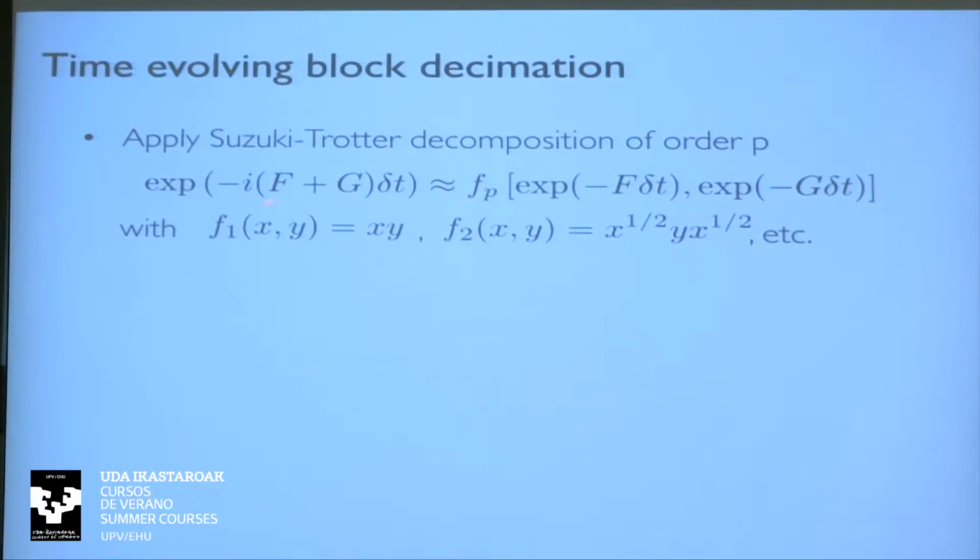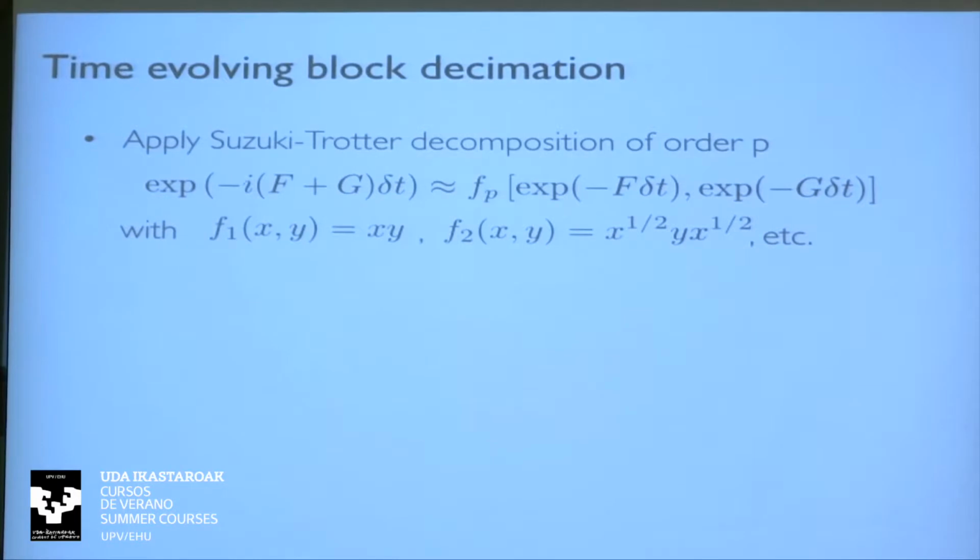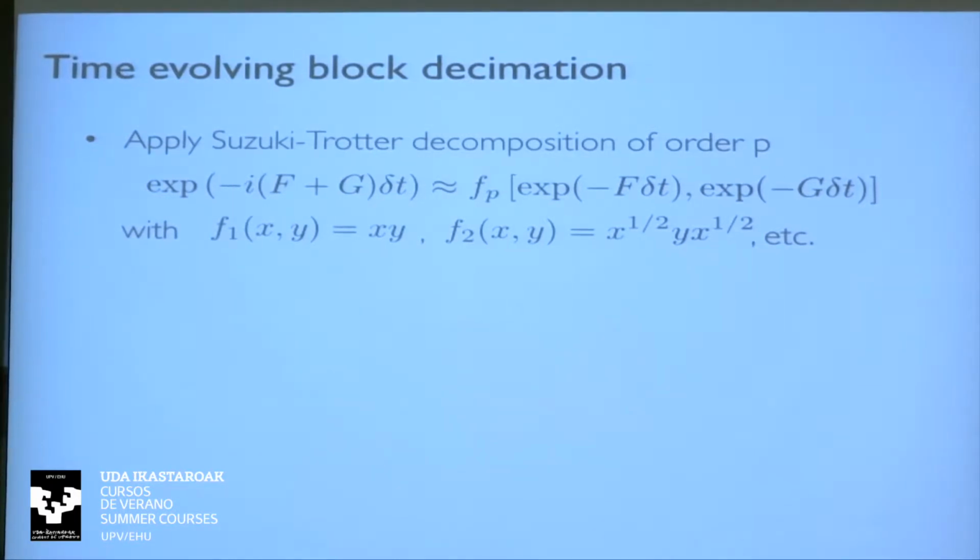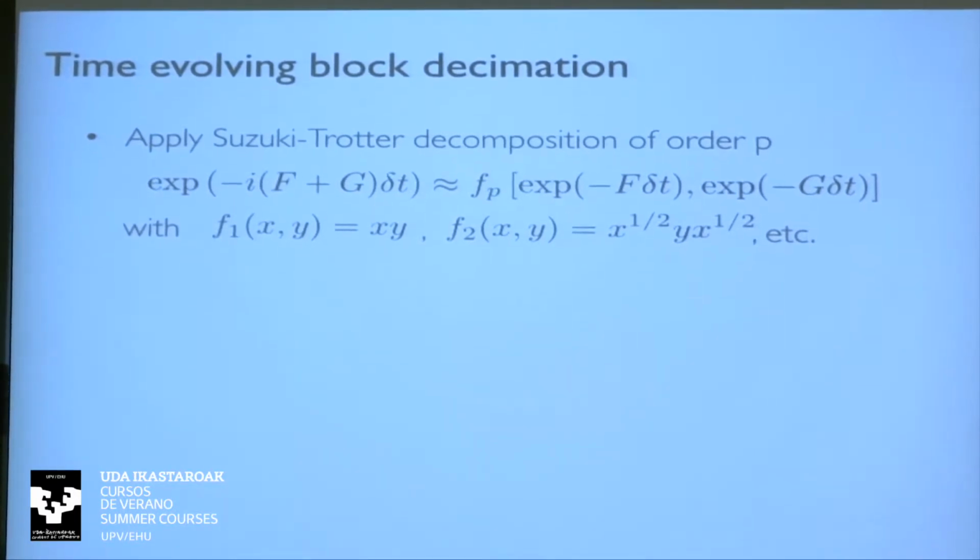So in the first order, we just write it as the product of e to the i delta t times F times e to the i delta t times G. And then we can also go to higher orders, etc., and by this reduce the error that we make in delta t, right?